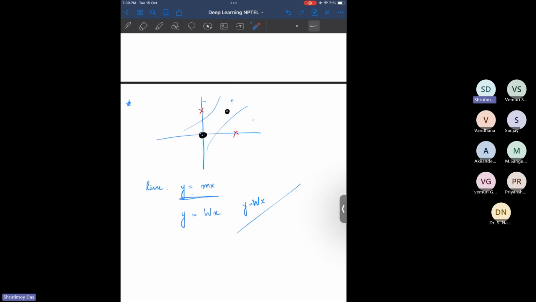That means this XOR problem cannot be classified or separated using a linear decision boundary, a linear boundary or a linear function.